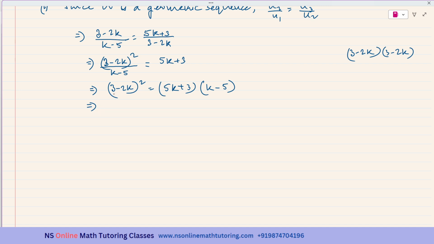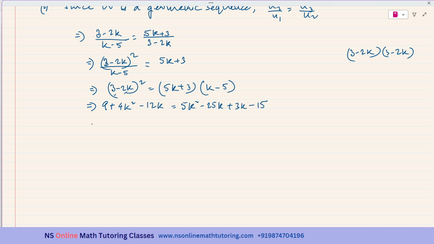So a square, a is 3, so it is 9, and b is minus 2k. I am considering a minus b, so I am considering only 2k. So b is 2k, so b square is 4k square, and minus 2ab is 2 times 3 is 6 times 2 is 12, so minus 12k is equal to 5k square minus 25k plus 3k minus 15.